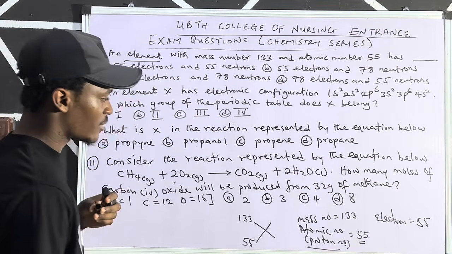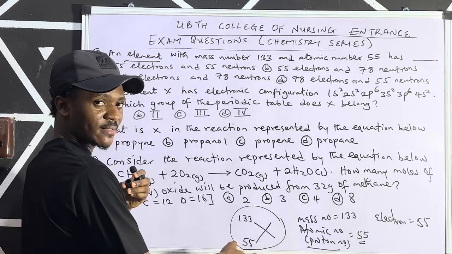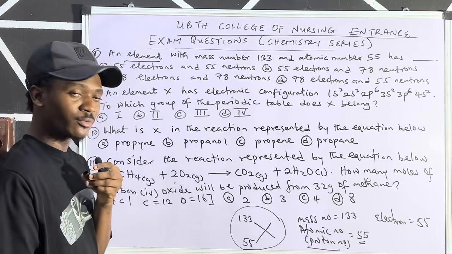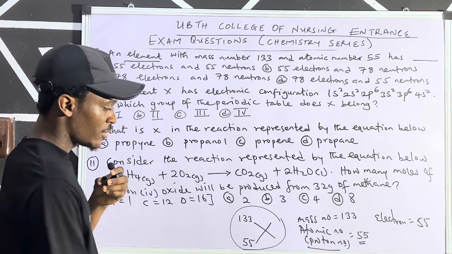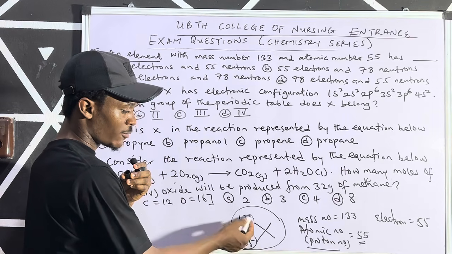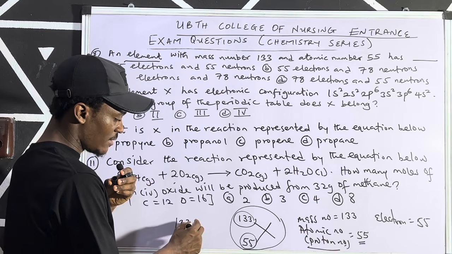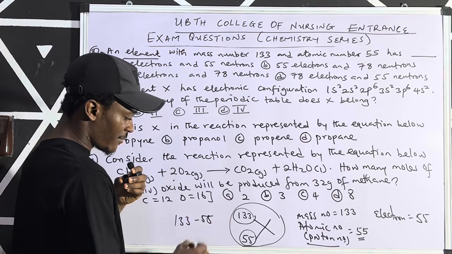Then what about the neutron? How do we get the neutron? Remember, when you see an expression like this, you are supposed to know that to obtain the neutron, you have to subtract the proton or the atomic number from the mass number. So it should be 133 minus 55.